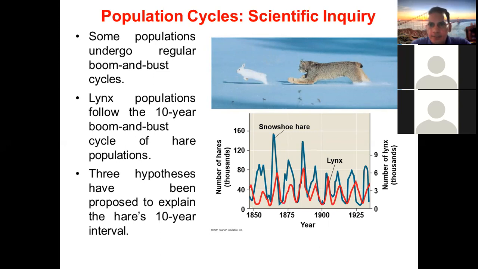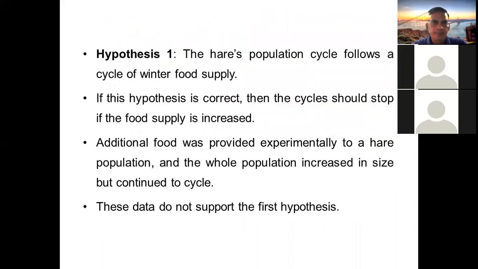Since their population goes up, that reduces the population of hare. Now since the population of hare is reducing, there is less and less availability of food. Because of the lower availability of food, the lynx will not be able to survive, so their number also goes down. It's a similar kind of pattern. So the population of hare dictates the population of lynx.